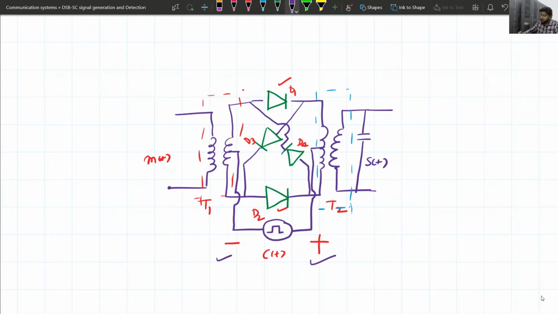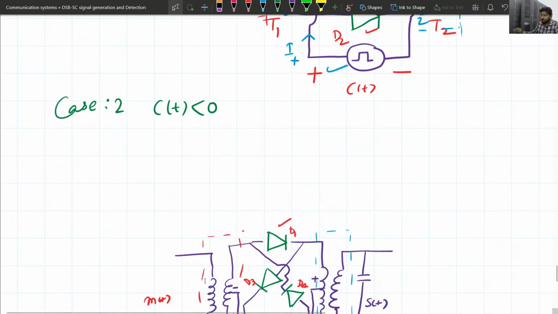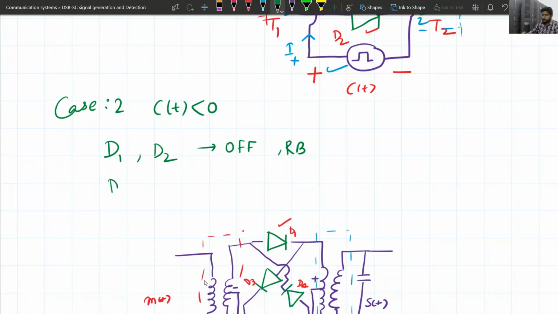Here, when c(t) is less than 0, the diodes D1 and D2 will go into the off state, or reverse bias state, but D3 and D4 will come into the on state, in the forward bias state.